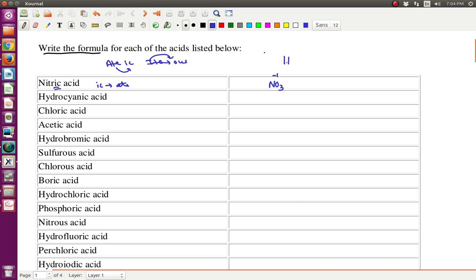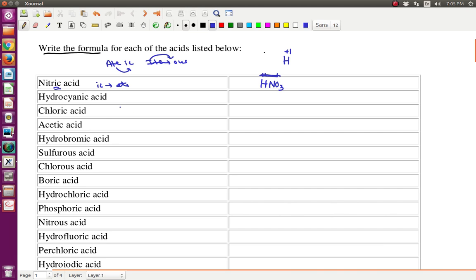Hydrogen has a +1 charge, so I only need one hydrogen. One hydrogen and NO3, that is nitric acid. The ic ending came from the nitrate ion.